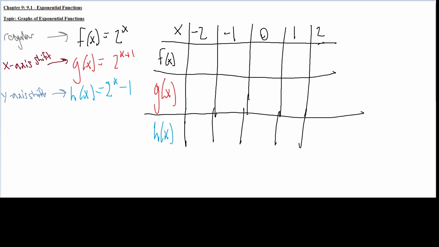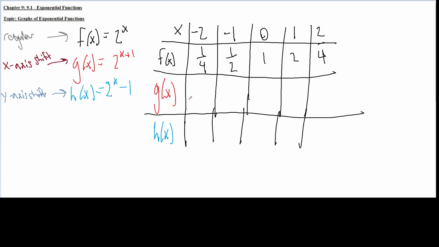So to see how everything changes, I'm just going to fill out this table. Starting with f of x, when x is equal to -2, we have 1/4, and when it's -1, it's 1/2. When it's 0, it's 1, 1 is 2, and 2 is 4.